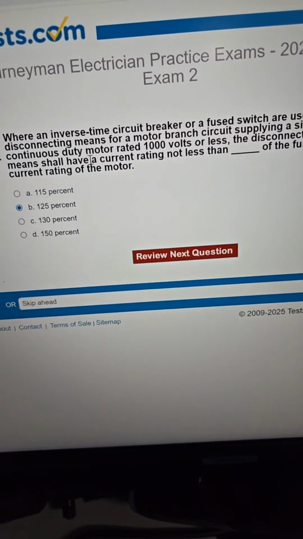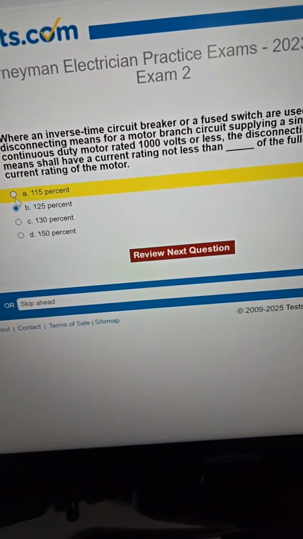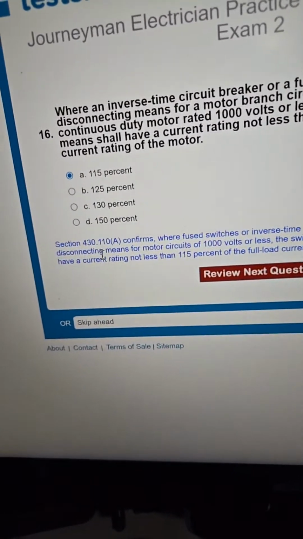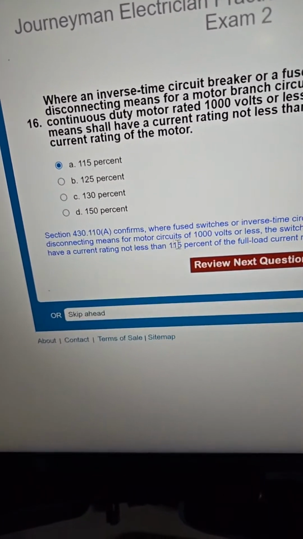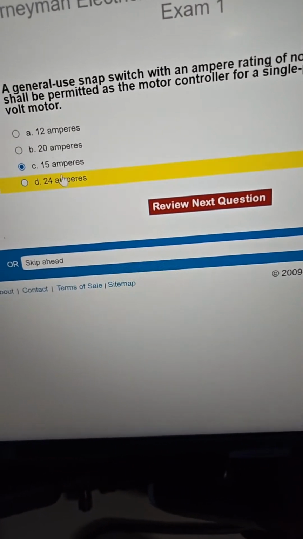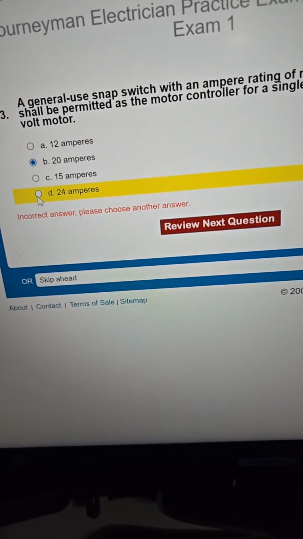This one is probably 115 because this is a number that sticks out in the code, but I don't know. Yeah, there you go. 430.110(A) confirms. Fuses, switches. I want to do another test. That's probably 20 amps. No, it's 24.